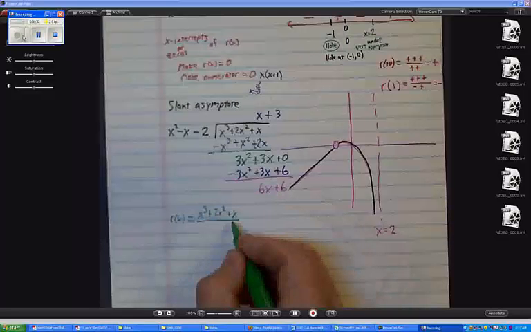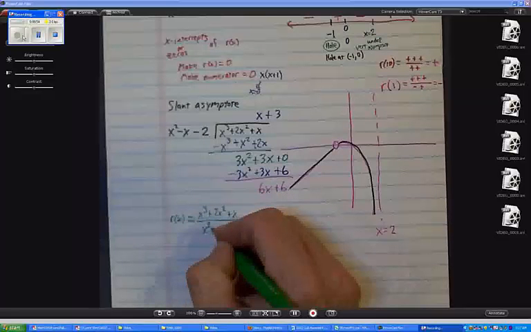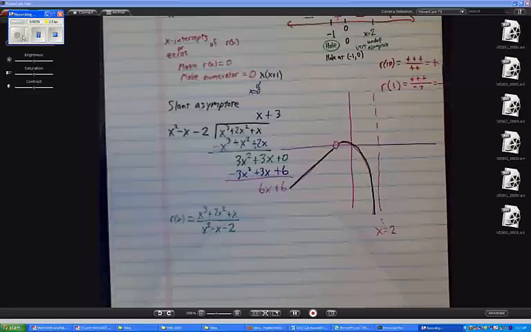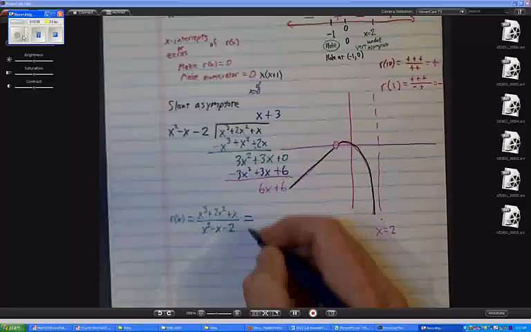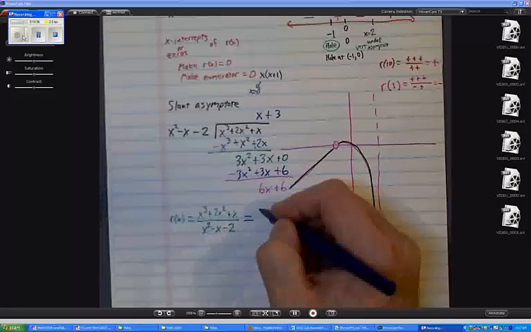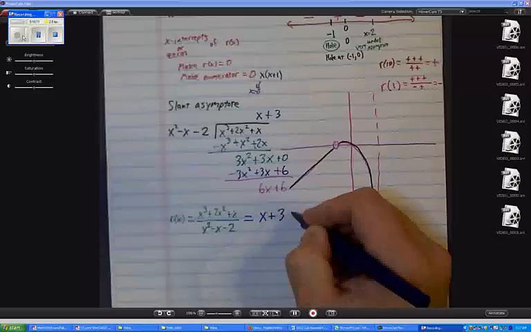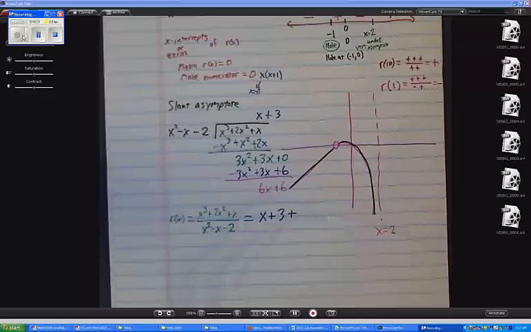It means divided by. It equals this divided by x squared minus x minus 2. But what I just computed is that R of x also equals x plus 3 plus a little bit, a remainder. In other words, I actually divided these two.